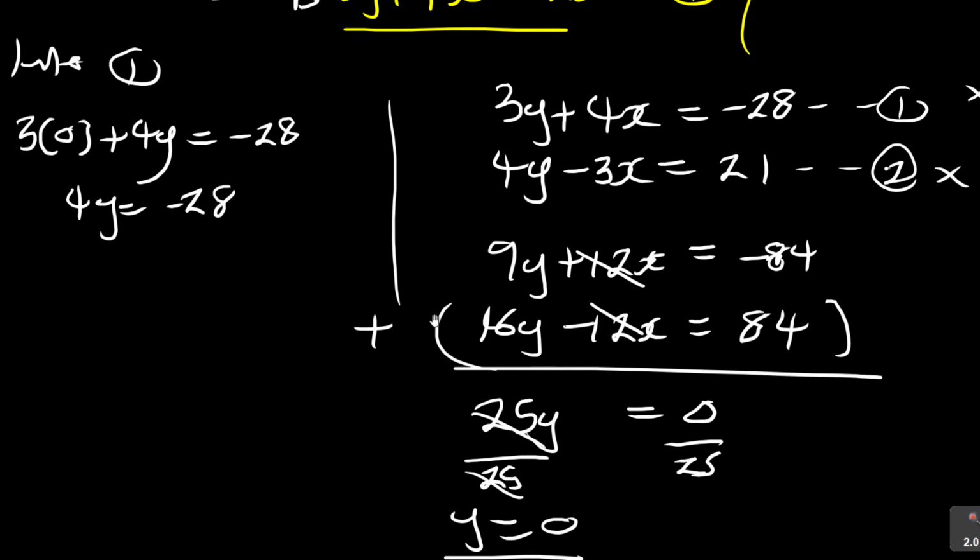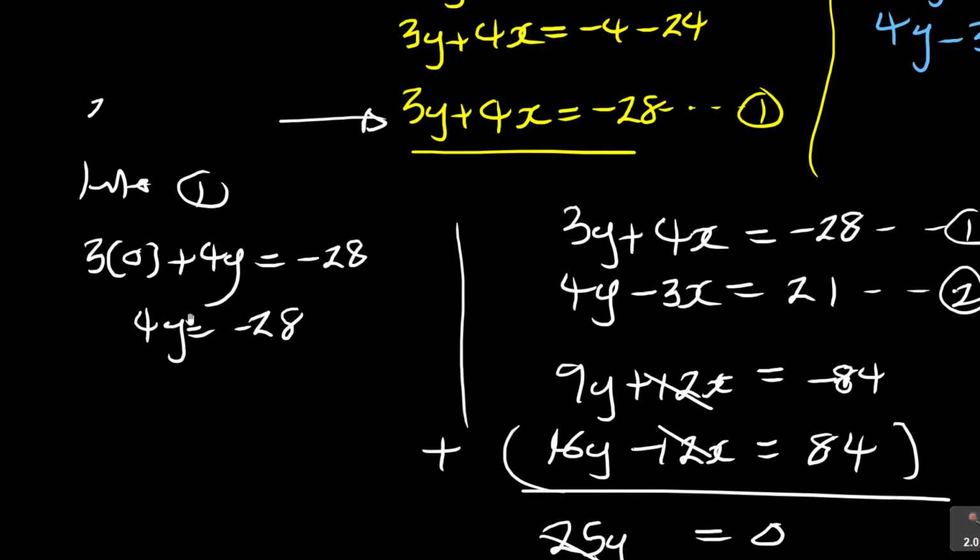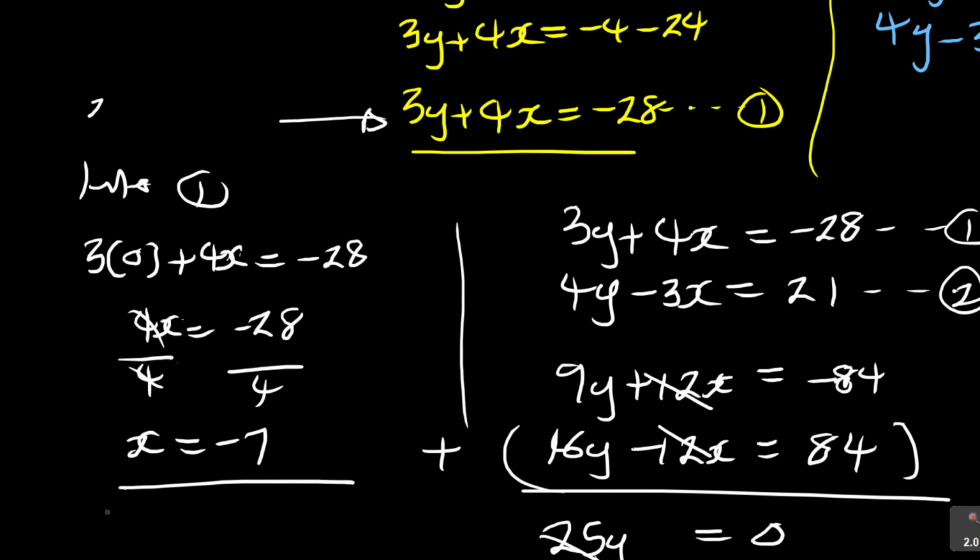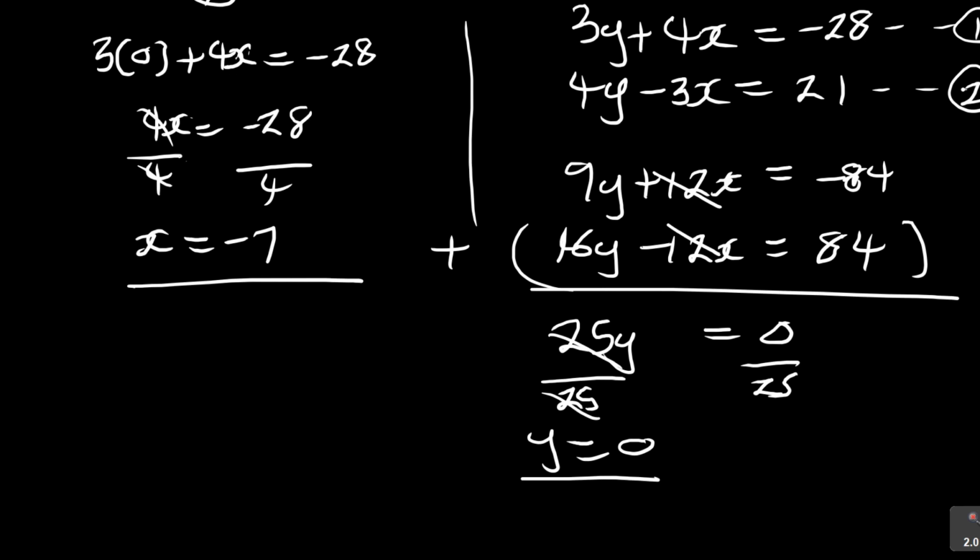Sorry about this, we're looking at the x here, because y we know is 0. So I'm looking at x. So you divide by 4, 4 into 28 is 7. So x is equal to negative 7. So the coordinates we have are minus 7 and 0.